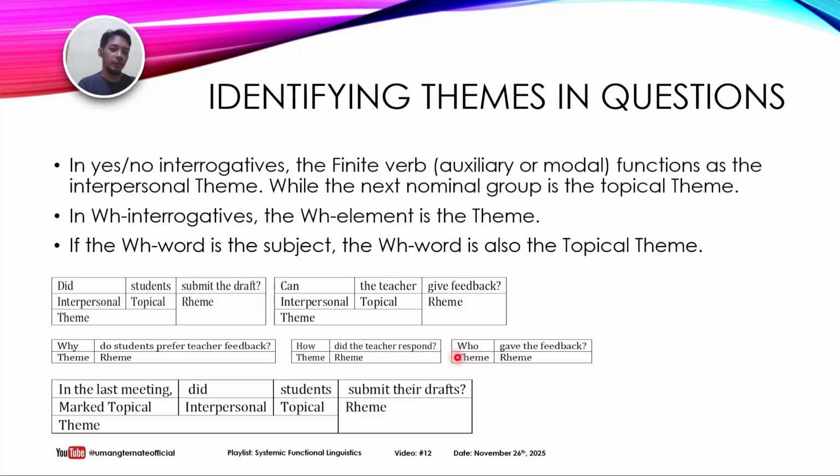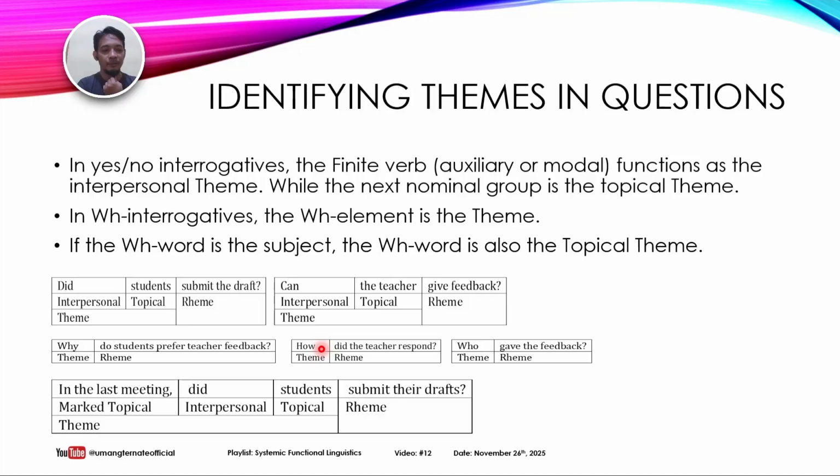So that's why the theme is the WH element, even if the WH element is the subject, like this, "who gave the feedback?" This is the subject. But in these questions, the "how" is not the subject. "How" is an adjunct, but in the theme and rheme system, it is the theme.